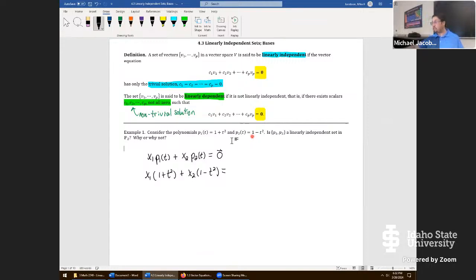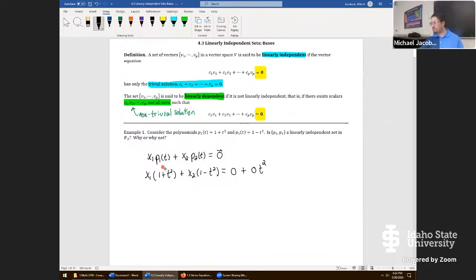Because we're equating coefficients, we can rewrite this zero vector as 0 plus 0 times t squared. The reason I didn't put in a 0 times t is because there is no t on the left-hand side whatsoever. There's going to be a constant, the 1 and the 1, that will equate to that constant. Then there'll be a term involving t squared from here to here, which will equate to 0 t squared.